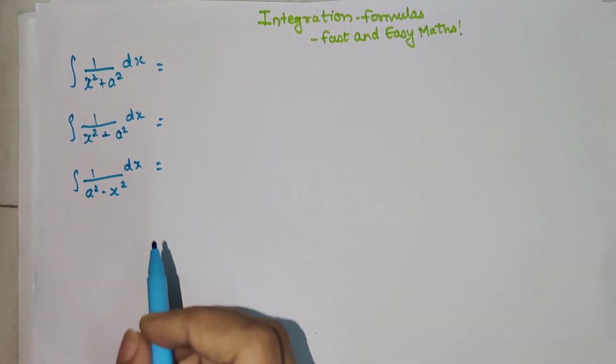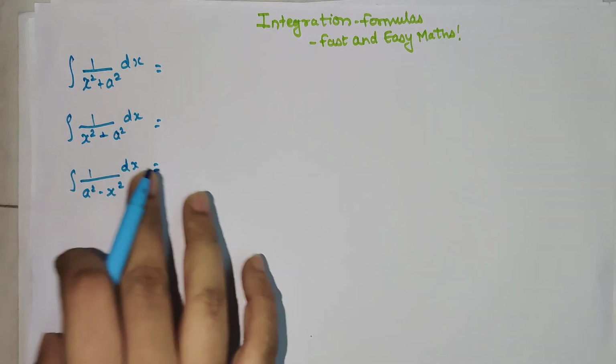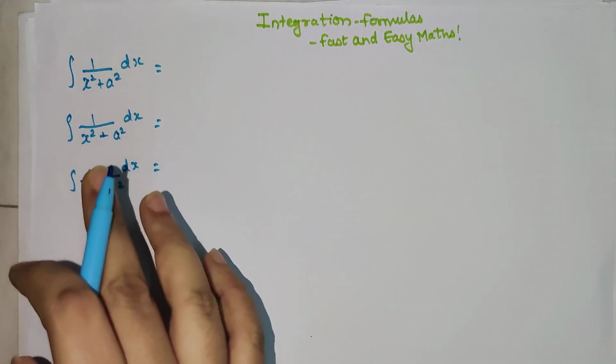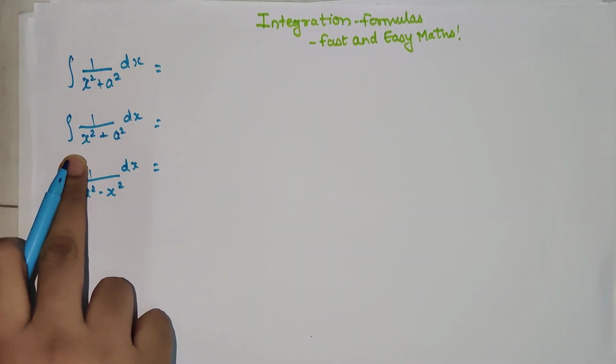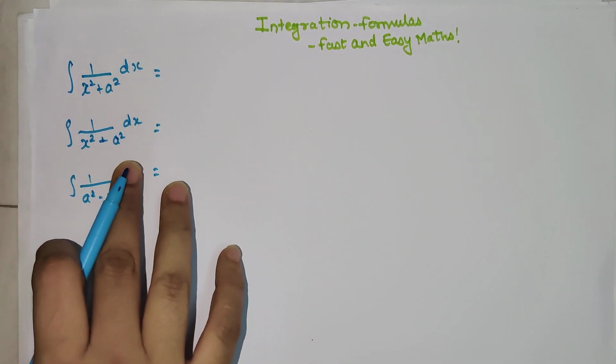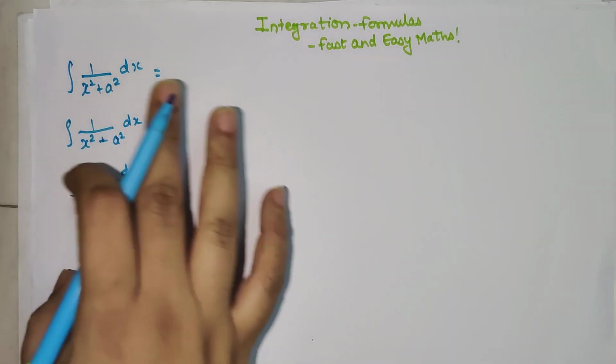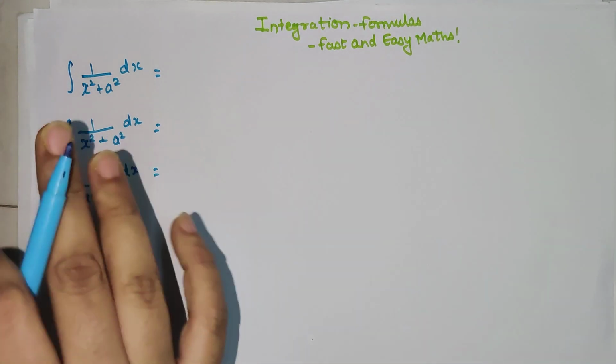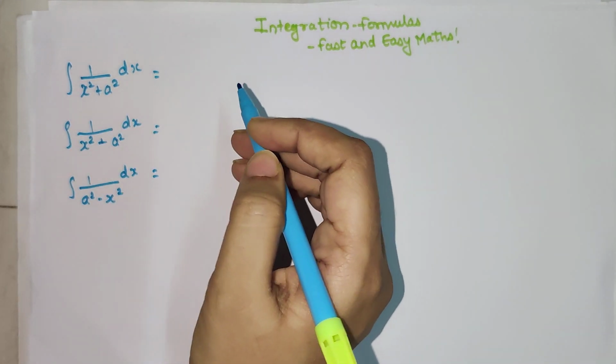So here it means that your question will be of the form that instead of x you can assume it is f of x the whole square and some constant over here. When you get something like that in your denominator, then you can straight away use these formulas and get your answer.